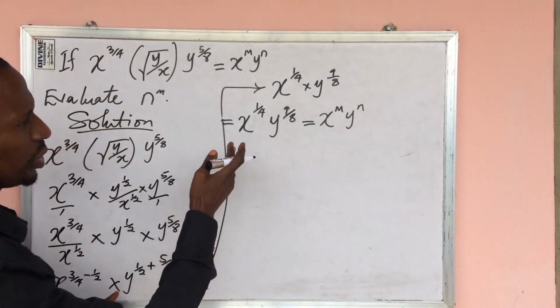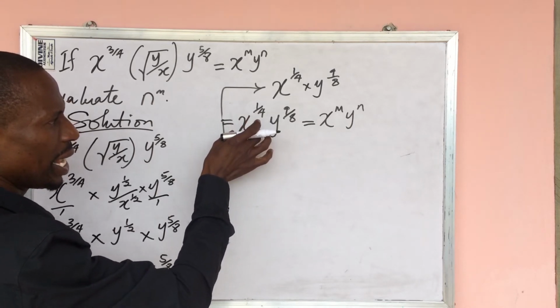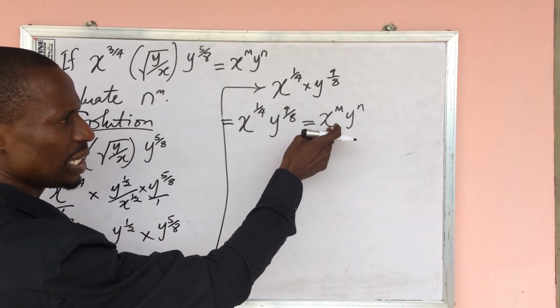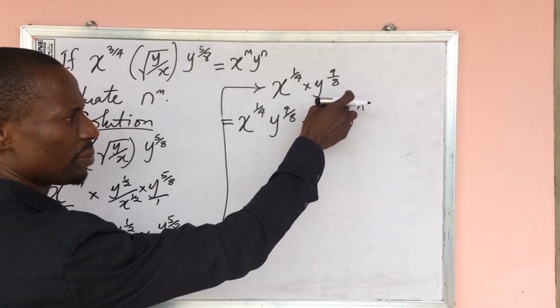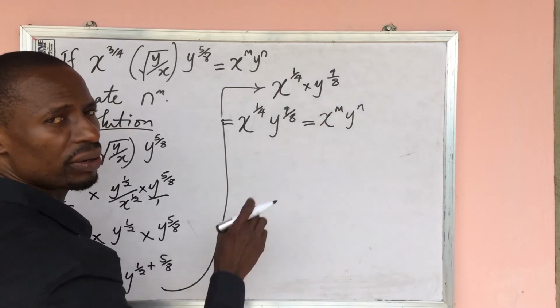Now, if we simplify this, this means x to the power of 1 over 4 is equal to x to the power of m, and y to the power of 9 over 8 is equal to y to the power of n.